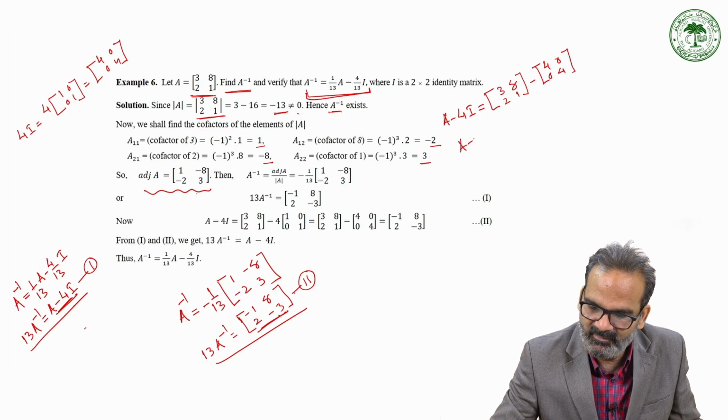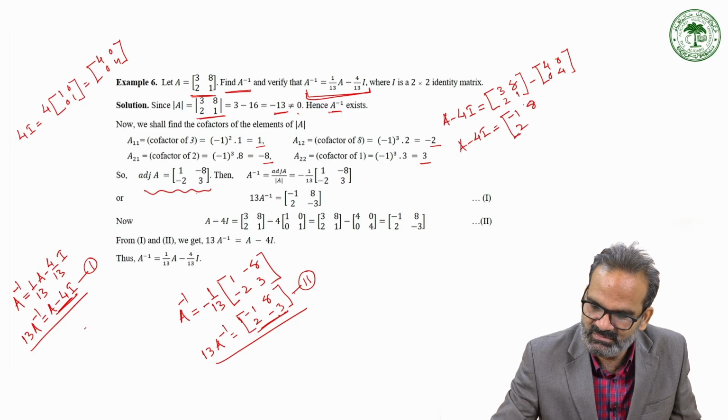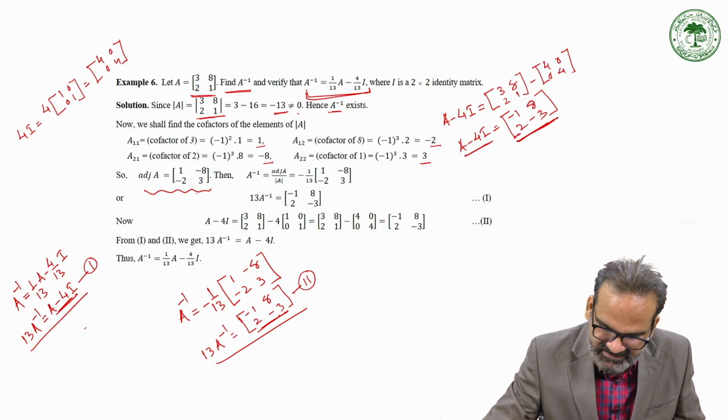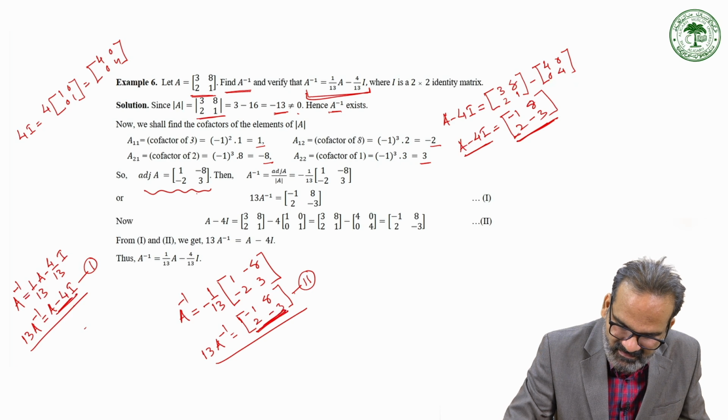And so A minus 4I will come out to be 3 minus 4, this is minus 1. 8 minus 0, this is 8. 2 minus 0, this is 2. 1 minus 4, this is minus 3. Now see, the value of A minus 4I is equal to this matrix. So this matrix and this matrix both are the same.